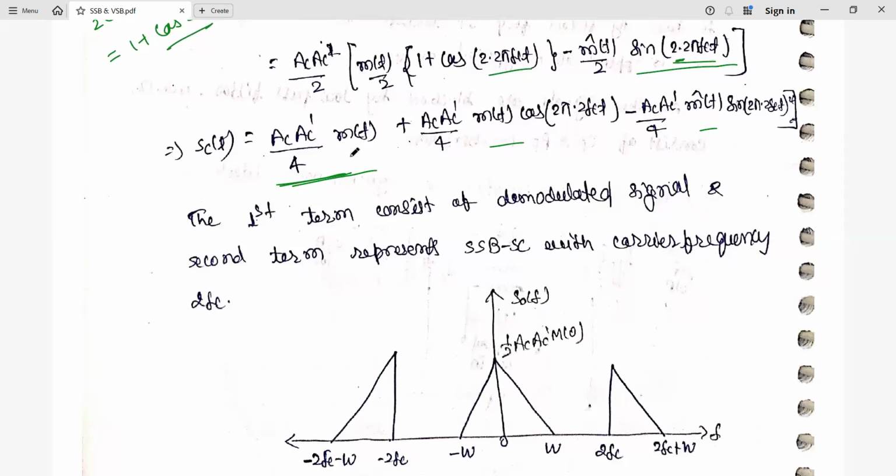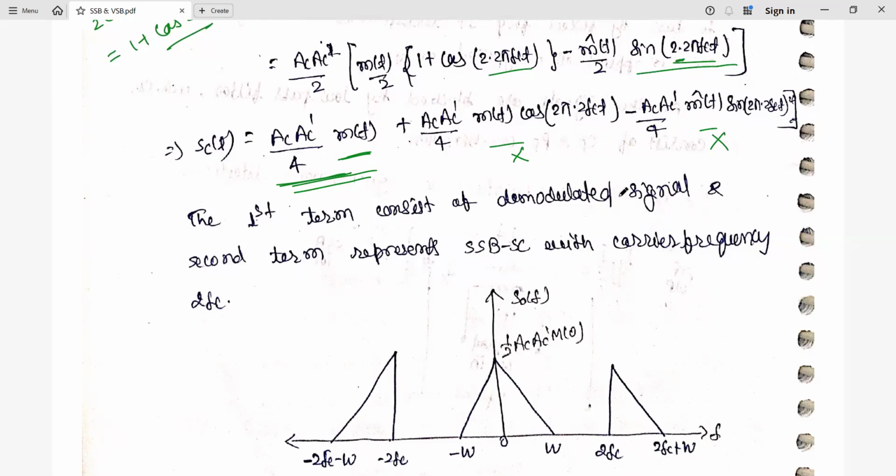The message signal doesn't have any carrier signals, and carrier frequency, you know, is always much higher compared to message frequency. That's why a low pass filter is used. A low pass filter will allow only low frequency components to pass and block the high frequency components.